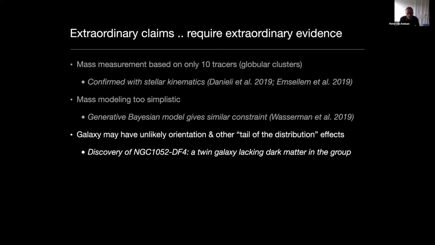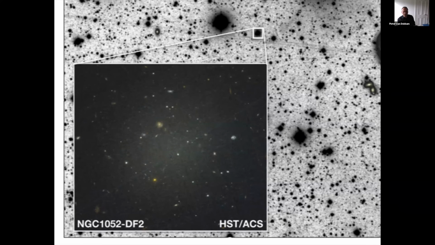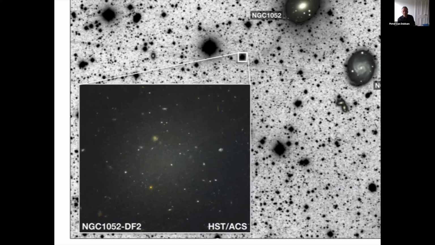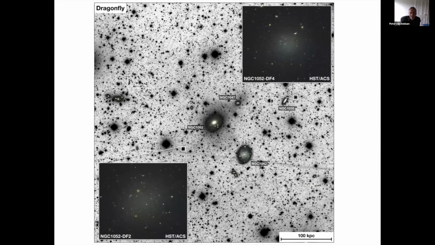But that was resolved in a neat way, and that is that we found a second galaxy in the same group with the exact same properties. So this is NGC 1052-DF2, the one I've been talking about, right? And on the other side of the elliptical galaxy, there's another object, DF4, which is a spitting image of DF2.